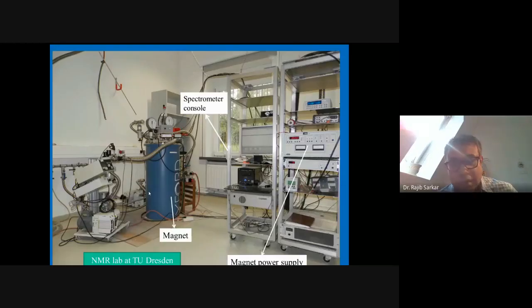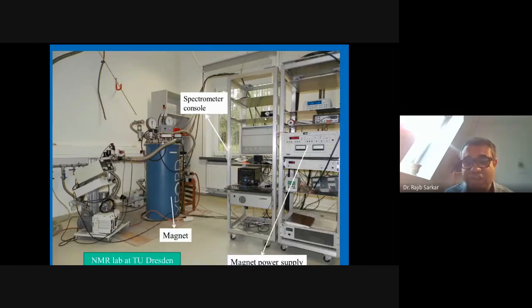Okay, so now I want to show you how in general a lab looks like. For example, this is a small lab. We have other labs also, but for a demonstration, I wanted to show you how a lab looks like. For example, this is a magnet, a 7 Tesla, 8 Tesla Oxford magnet, not so high homogeneity. And then this is the spectrometer console, and this is your magnet power supply to control your field.